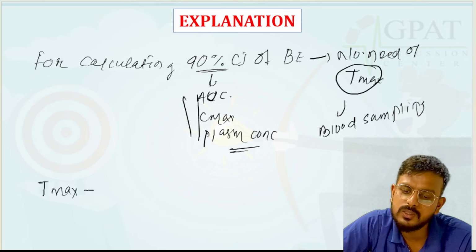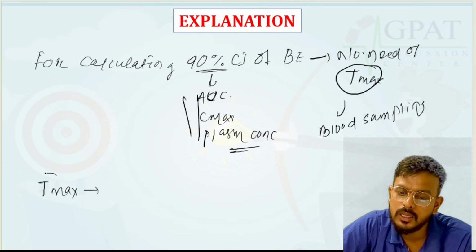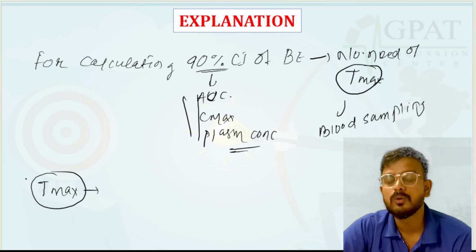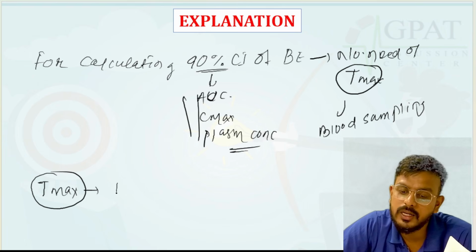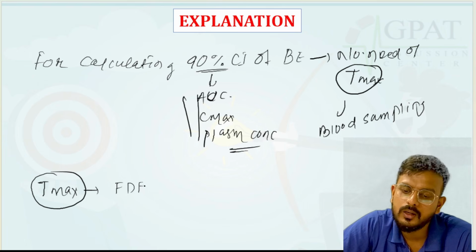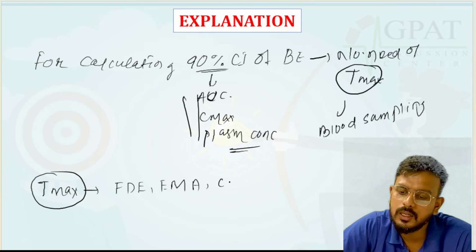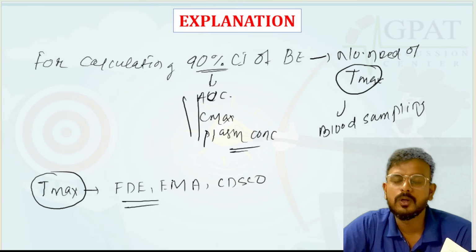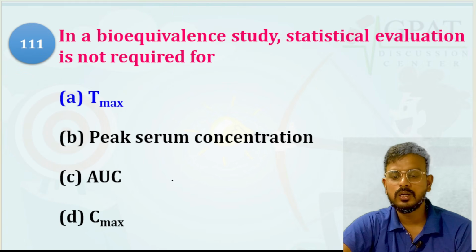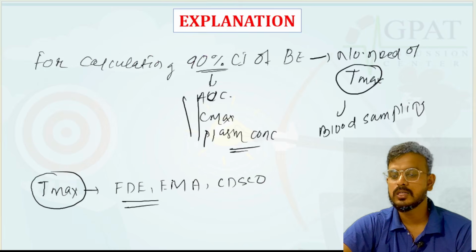Tmax is taken into consideration by different regulatory agencies like the FDA, the European Medicines Agency, and CDSCO. They check the Tmax level for a particular drug. Okay, so Tmax is not required for the statistical evaluation.